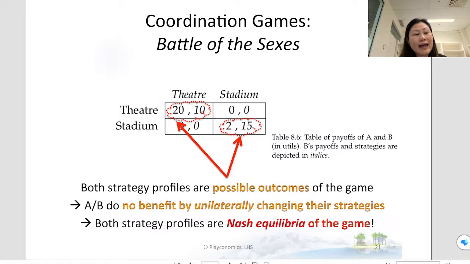Now, if you played this game in the computer labs repeatedly, like what economists have done in the past, sometimes you get 2,10 being played. Sometimes you get 2,15 being played. Well, we don't really know. This is something that we talk about as an empirical question.